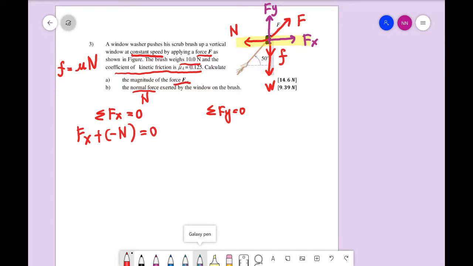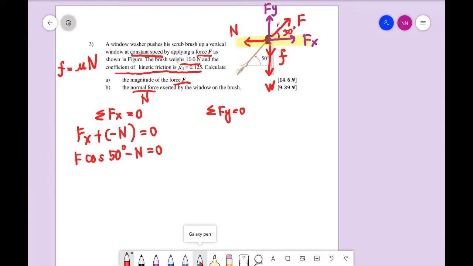Fx we can relate with the angle here. It is equivalent with this angle, 50 degrees. So Fx will be F cos 50 degrees. N is unknown, so we have two unknowns in this equation, F and N.